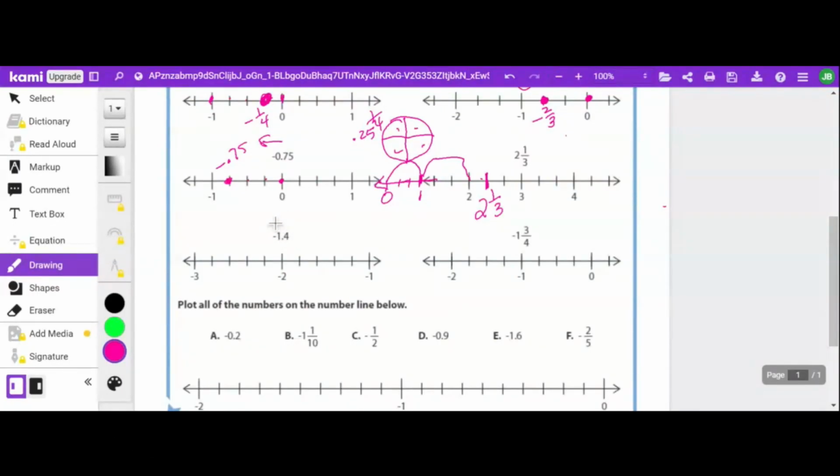The next one, we're dealing with decimals. So we know we've got to go to -1, and each one of these hash marks represents a certain amount. Based on the fact that we're going to -1.4, how much is each of these chunks in decimal value?